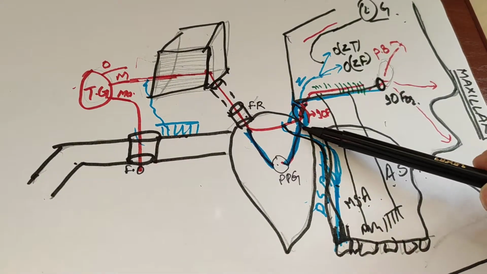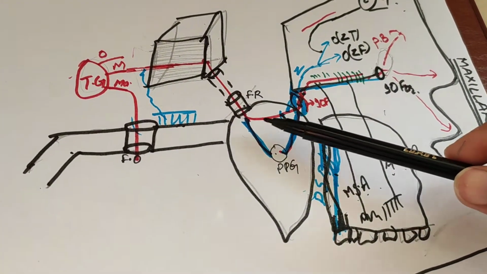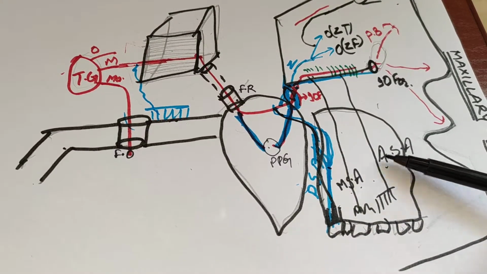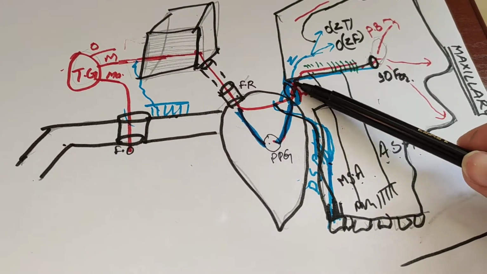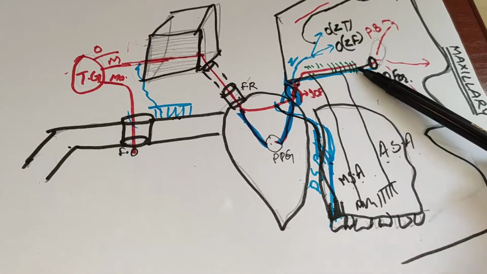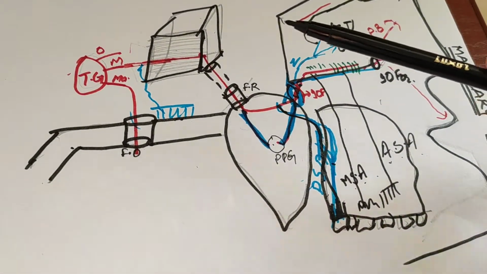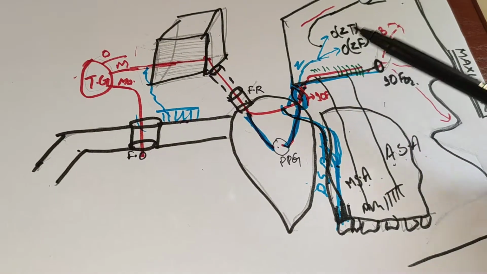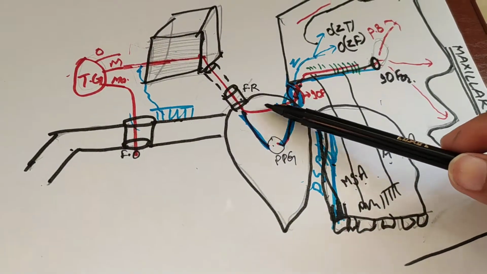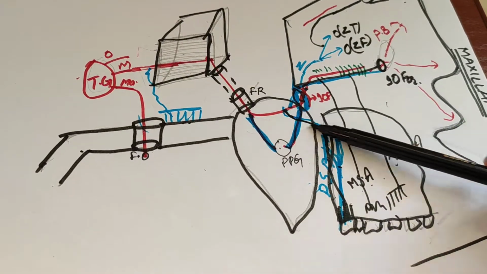Because this posterior superior alveolar is directly coming from the maxillary nerve, but the middle and anterior superior alveolar are coming through a branch, the infraorbital nerve. This is not the maxillary nerve. This is the infraorbital nerve, which is a branch of the maxillary nerve, and this posterior superior alveolar is directly coming from the maxillary nerve. Okay, so it's a direct branch.